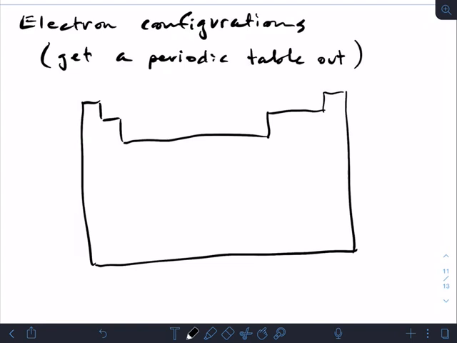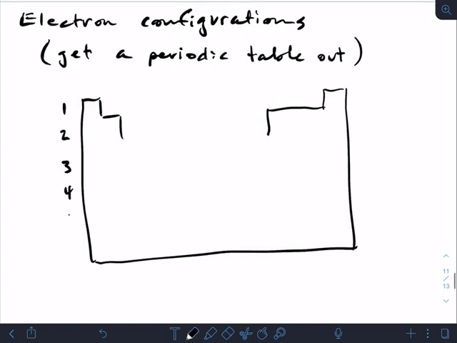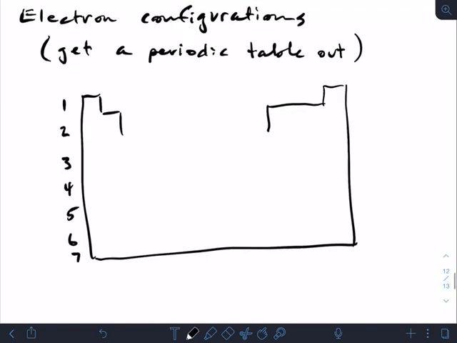Okay, which is not too bad. So what I want to illustrate is that on the left-hand side of your periodic table are these numbers: 3, 4, 5, 6, and 7.